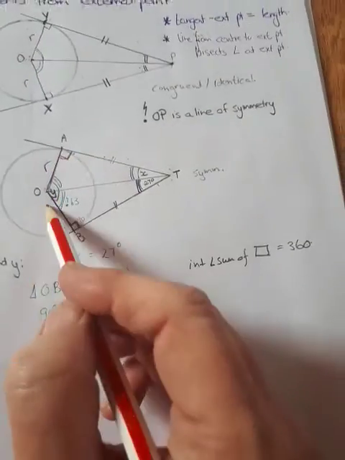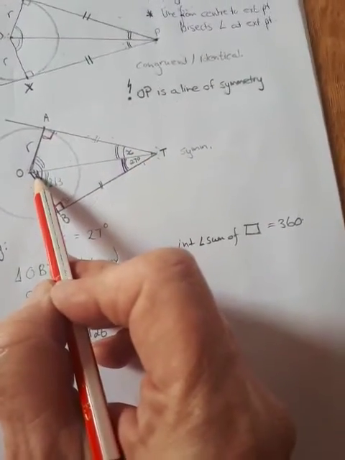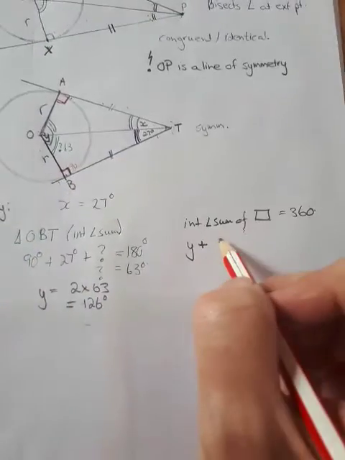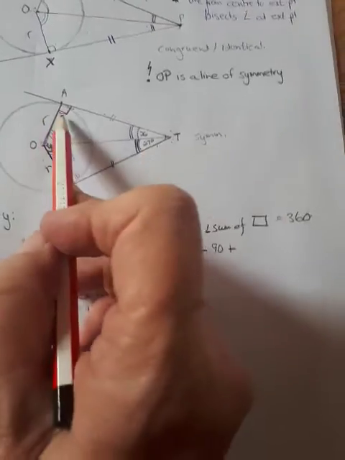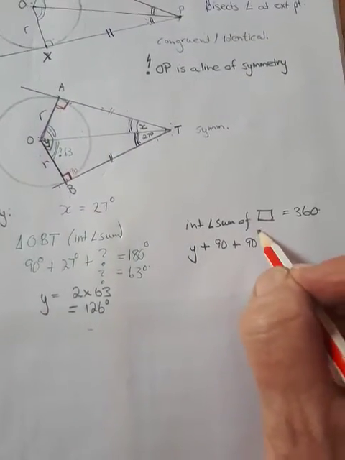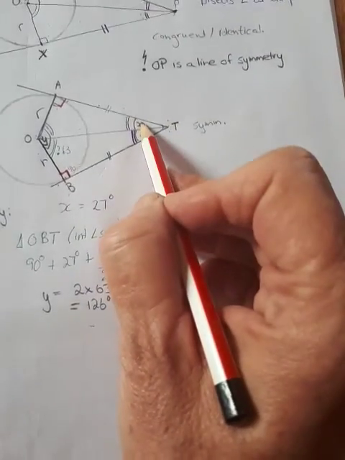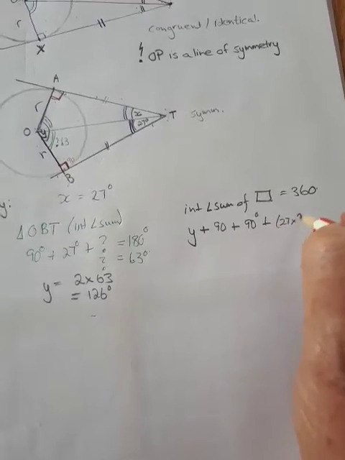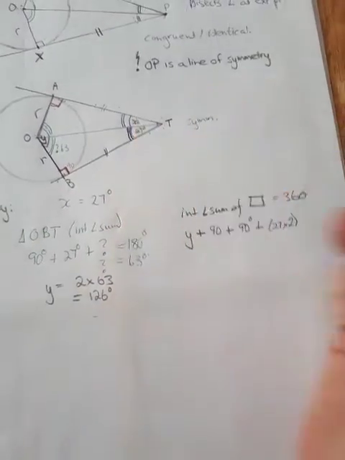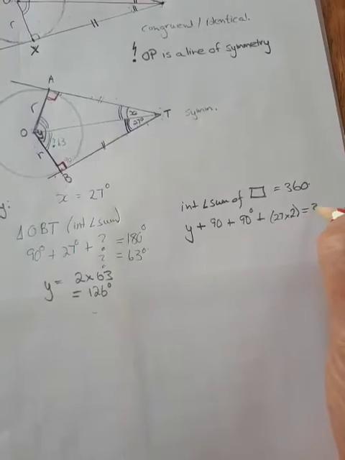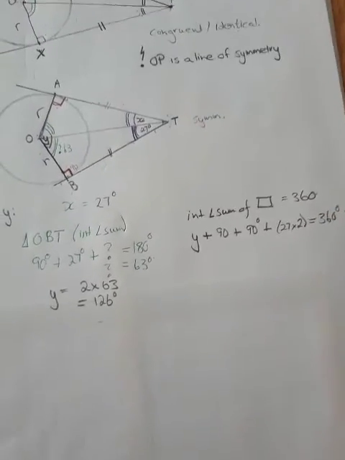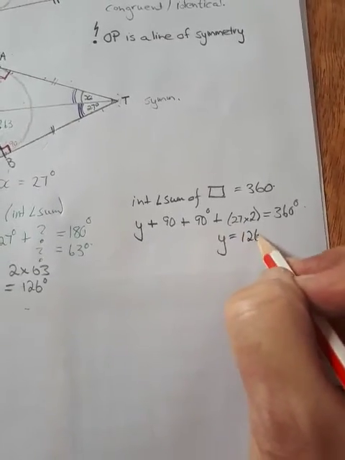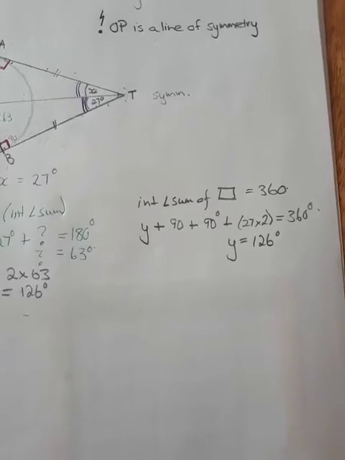If you take the kite, then Y is being asked, plus angle B, which is 90, plus angle A, which is another 90, plus the angle T here, which is 27 plus 27. That should give us 360 degrees, and when you calculate that, you will also get that Y is 126 degrees.